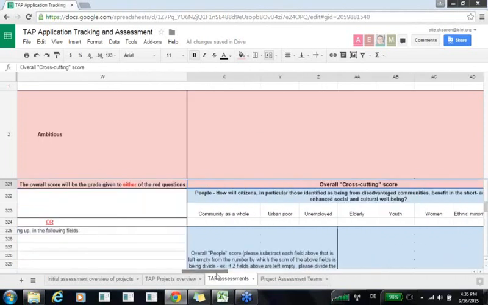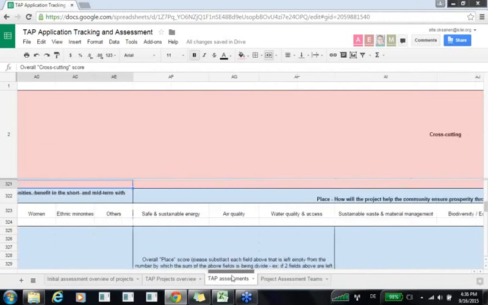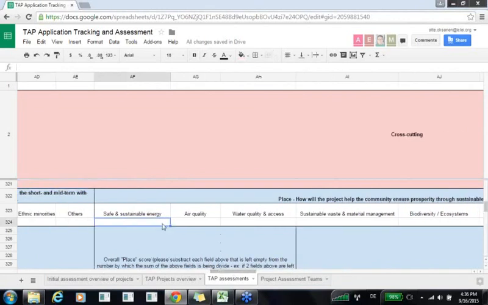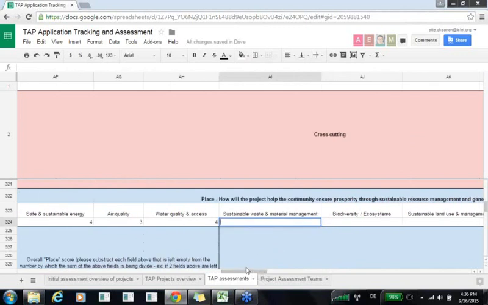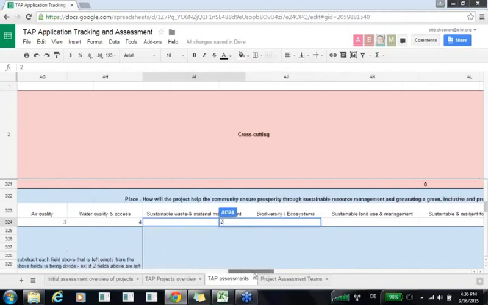Now, for a quick example of how to apply the point system here, so if the applicant can demonstrate that the submitted project will benefit the local environment in a significant way, we would give maybe a 4 here, a 3 here, a 4 here again, maybe, oh no, maybe not a 5, that's maybe a bit too much, a 2 here, 4 here, and then a 4 here again.